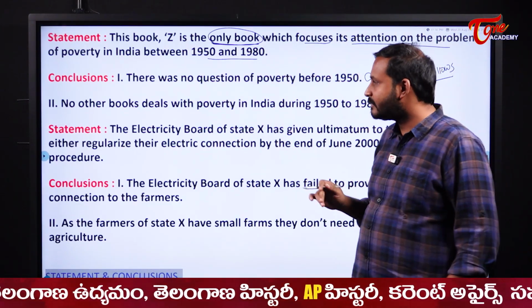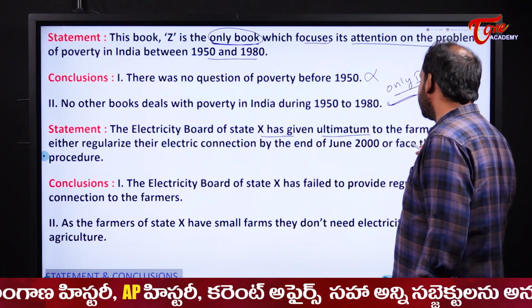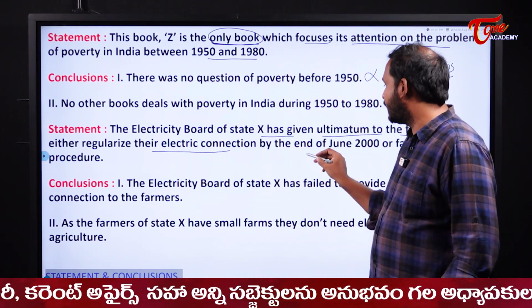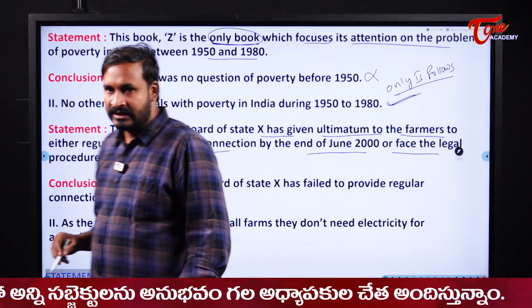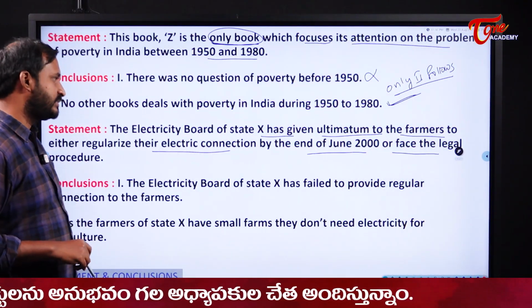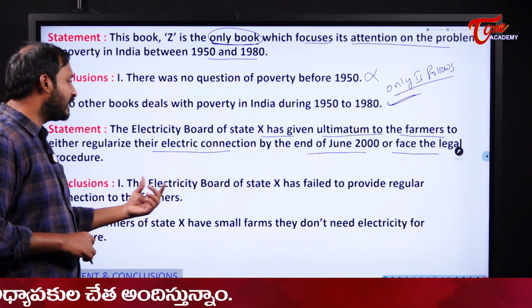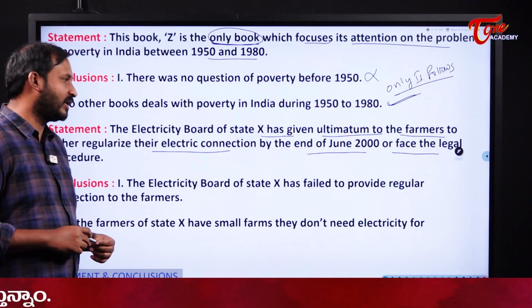Right, next. The Electricity Board of State X has given an ultimatum to the farmers to either regularize their electric connection by the end of June 2000 or face legal procedure. That is the ultimatum they gave to the farmers. Next, the Electricity Board of State X has failed to provide regular connections to the farmers.